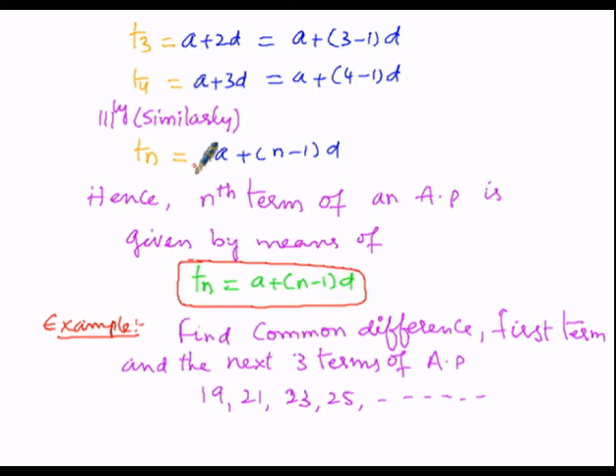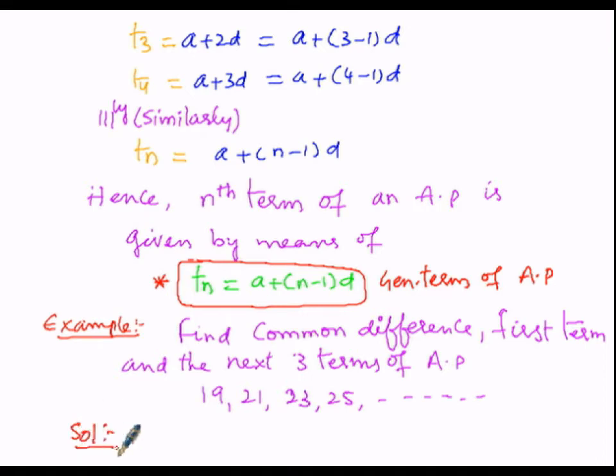So this is the general term of an arithmetic progression. Since Tn equals a plus n minus 1 into d is the general term of an arithmetic progression, the solution starts now.